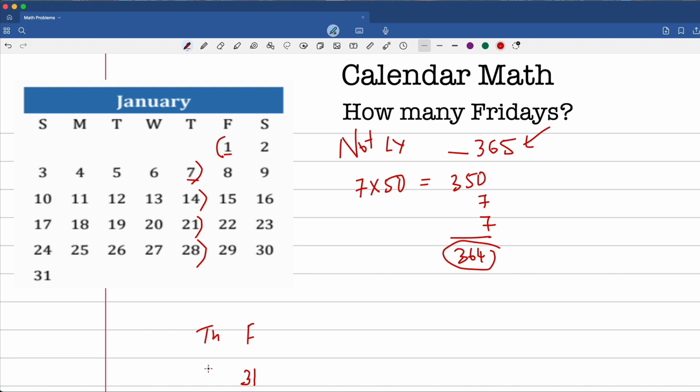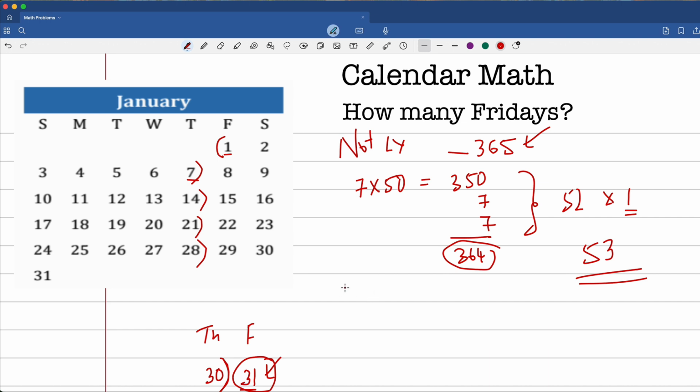The 30th of December would be a Thursday, and therefore, the 31st would be a Friday. Now, since we accounted for 52 weeks, there should be 52 times 1, that's the number of Fridays you would see until the 30th of December. But since the 31st is also a Friday, the answer to this question is 53 Fridays.